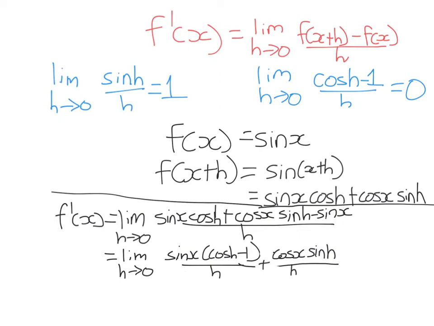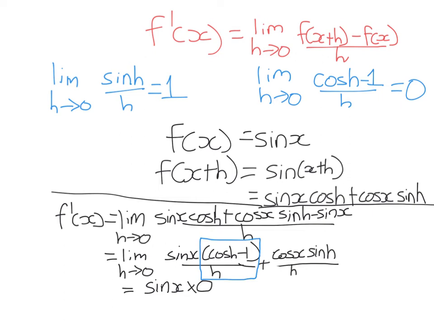So let's start with this first fraction here. We actually figured out in the previous slide that the limit as h approaches 0 of this thing here is just 0. So this is just going to equal the first part, sine x, because that doesn't depend on h, sine x times the thing in blue, which is 0.